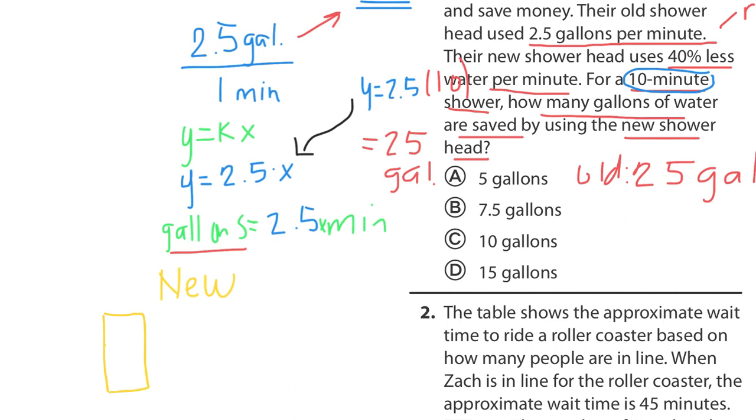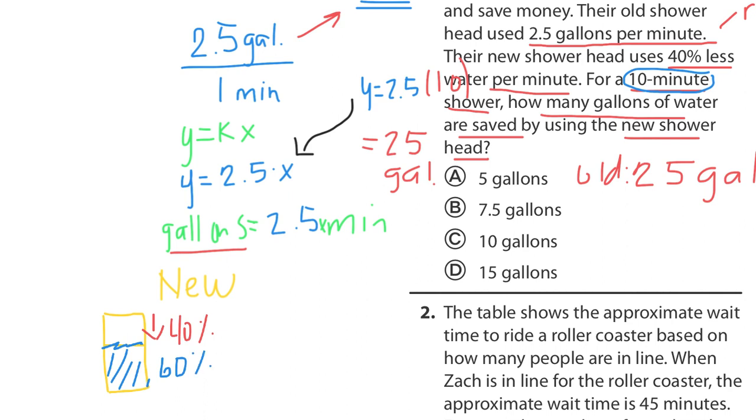If I make 40% less water, okay, 40% less, it means I have to decrease by 40%. So the amount of water that's left inside my gallon is 60%.